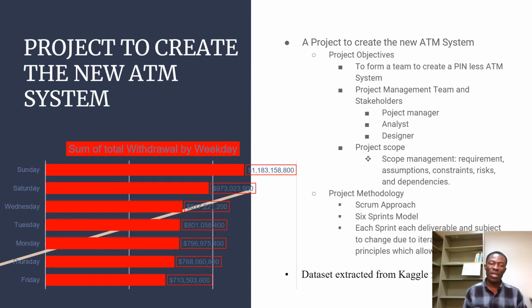From the analysis, we realized that weekends, Saturdays and Sundays, are the highest days that customers actually visit ATM systems. If that is the case, then it was in line that the bank needed a new ATM, because on weekends the banks don't work, and so once you don't work and the customer has his money, they need the money, and illiterates who cannot access it will prefer to keep their money at home rather than at the bank.